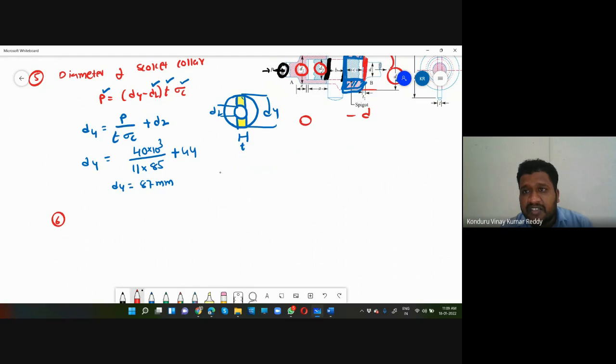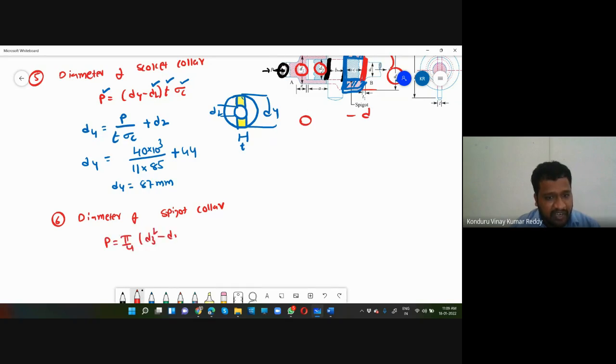If you see, this is spigot collar, D3, that is what we are going to find out. That is p is equal to pi by 4 d3 square minus d2 square, which is multiplied with crushing stress.